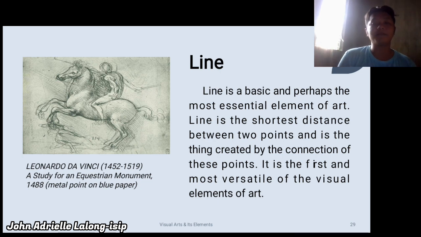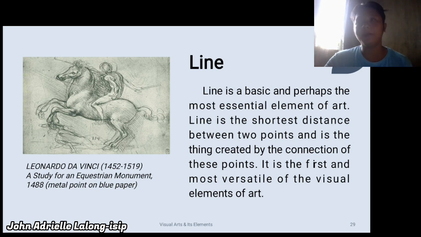Line is a basic and perhaps the most essential element of art. Line is the shortest distance between two points and is the thing created by the connection of these points. It is the first and most versatile of the visual elements of art. So, basically speaking, art wouldn't exist without lines.